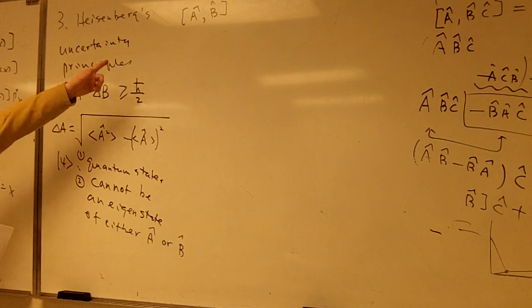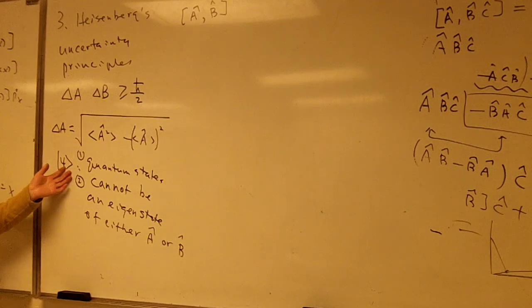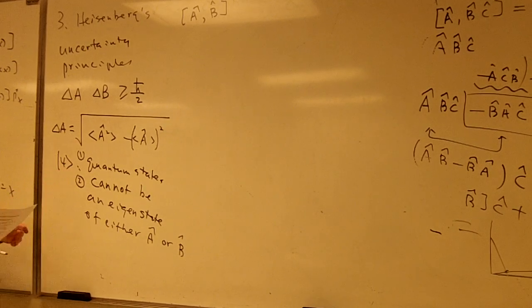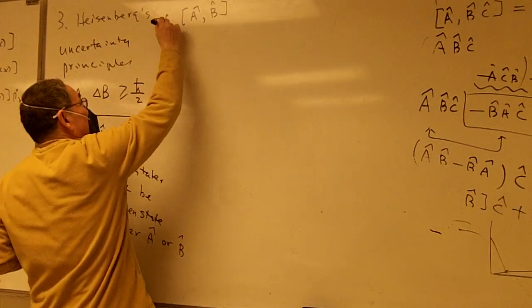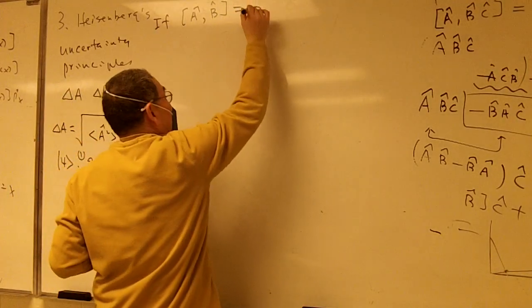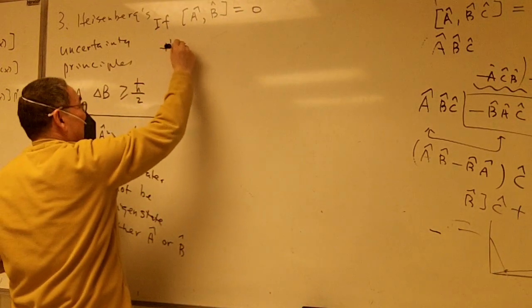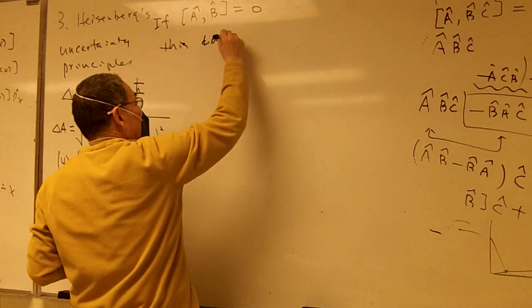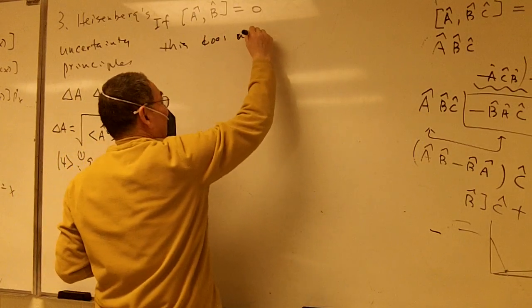In other words, if the commutator equals 0, you cannot use it because there's no uncertainty involved. So I'm going to write this down. If the commutator equals 0, this does not apply.